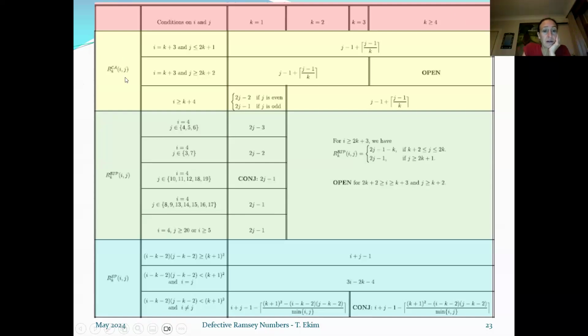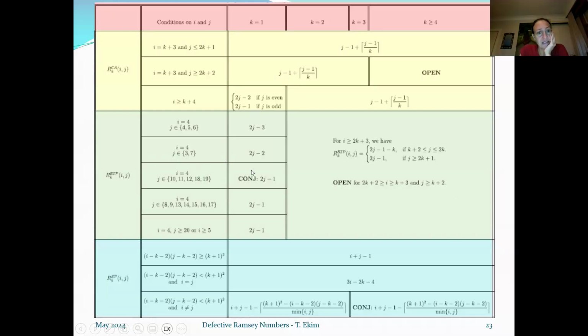Well, for cactus graphs, we could solve almost all cases, except for K greater than or equal to 4, and with this phi equals K plus a very special case. So this is open, but the rest is solved.